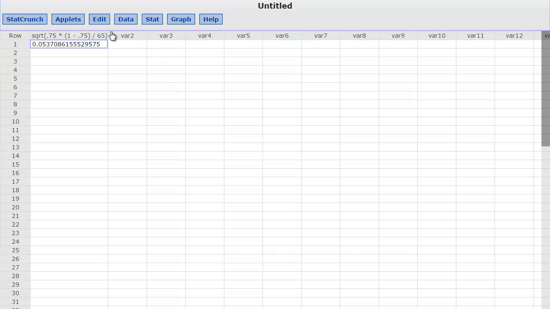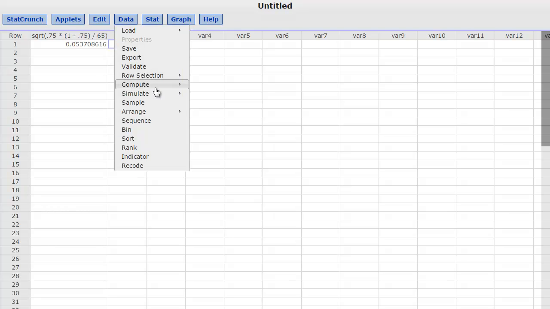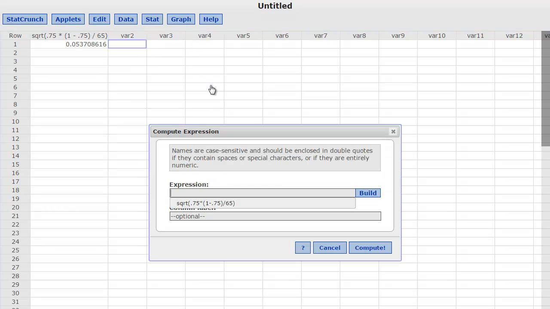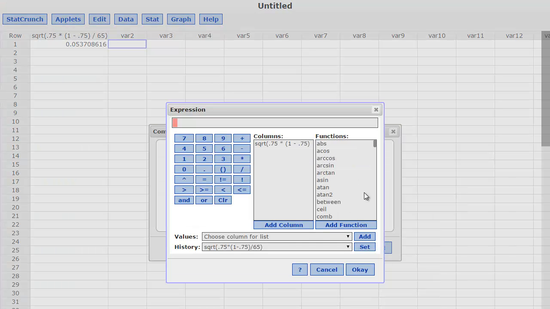I'm going to go over here and go to Data, and I'm going to compute an expression, and now I actually want to build that expression. Remember, it's the data minus the center divided by the standard deviation. So the data point that I'm looking for is 0.5.